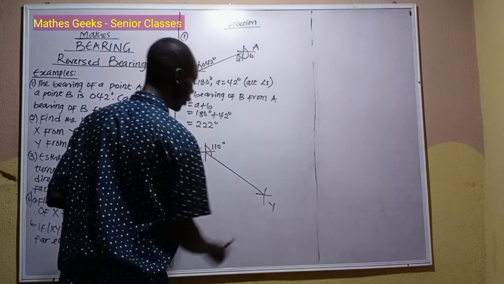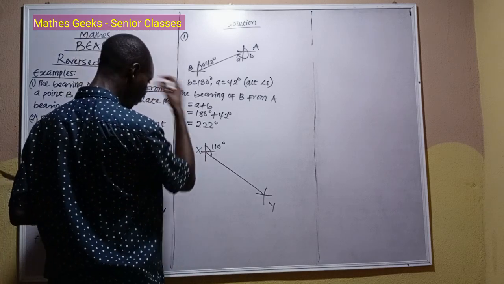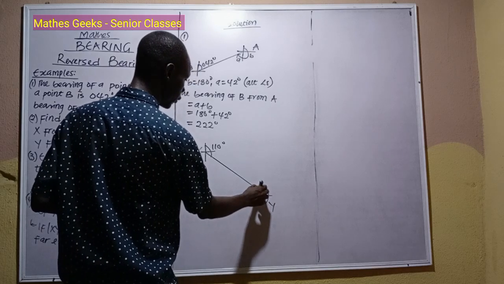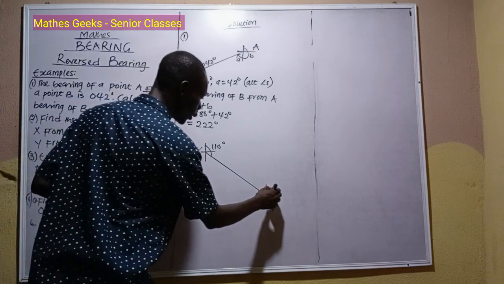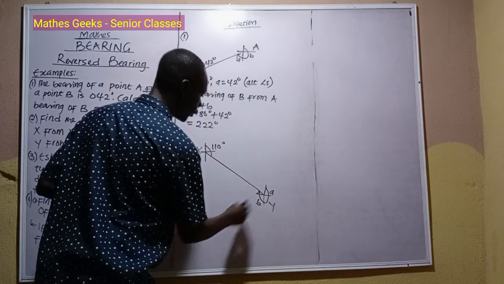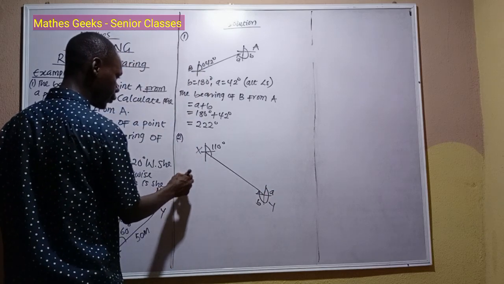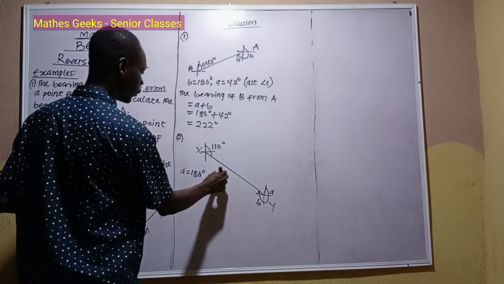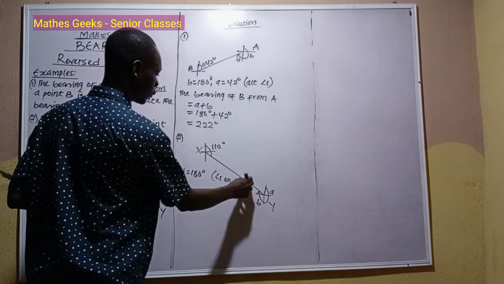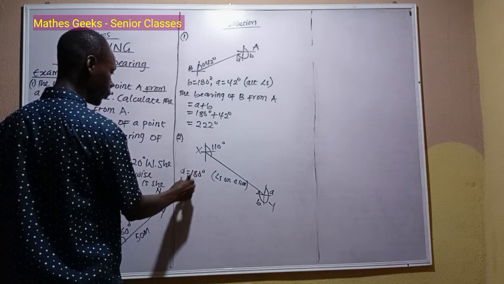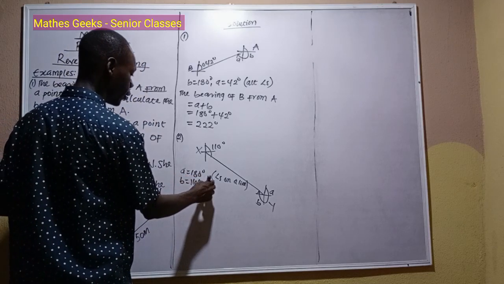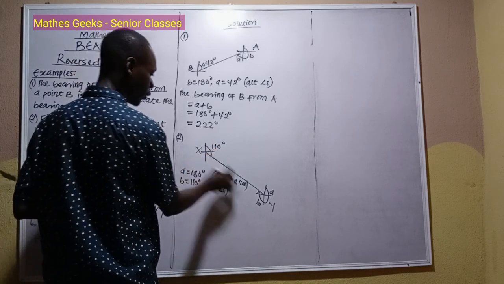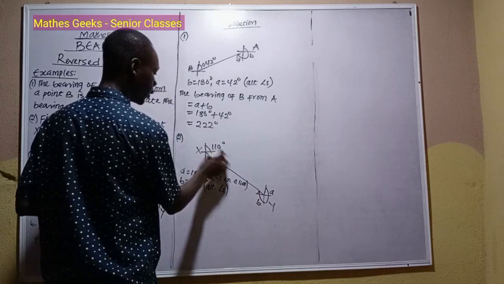So we need to get E and B. E is equal to 180 degrees, angles on a line. B is equal to 110 degrees, alternate angles. So from the north to the line is alternate to from the south to the line. So these two are alternate.